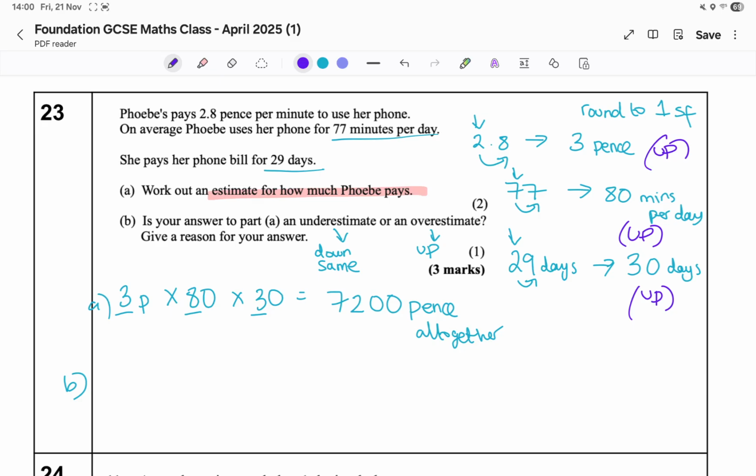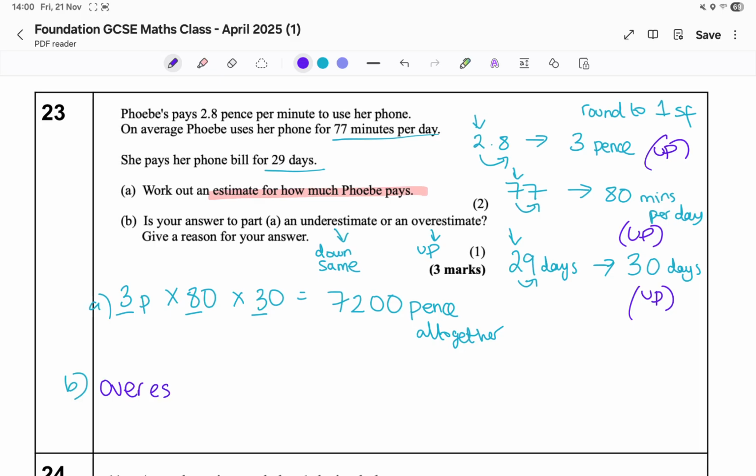So therefore, my answer is an overestimate as I rounded all my numbers up. So just remember that if you've kept it the same or rounded down, that's an underestimate. Overestimate if you rounded all your numbers up.